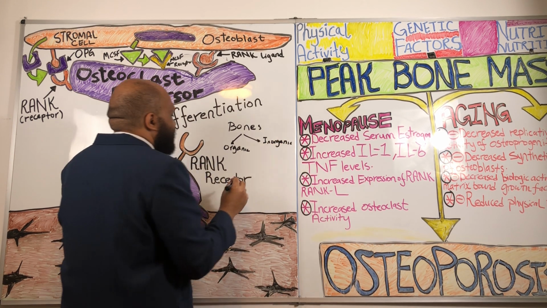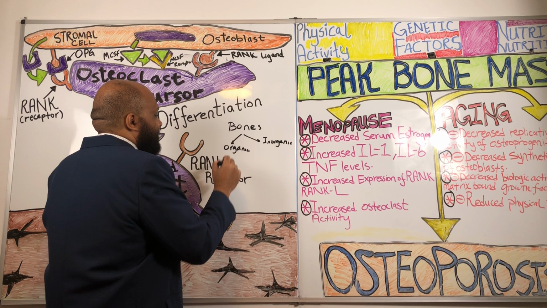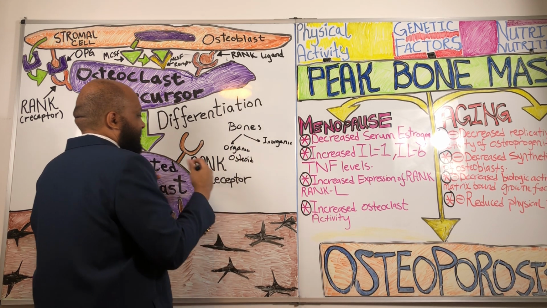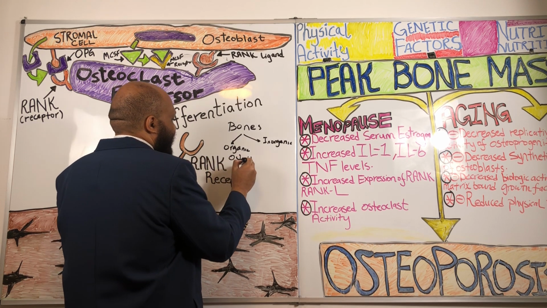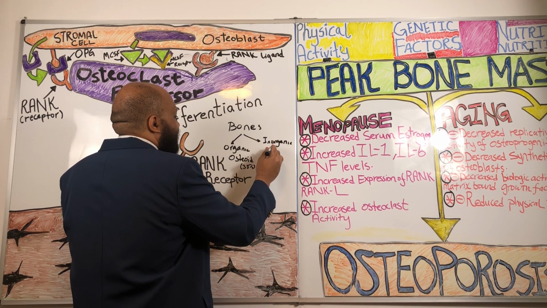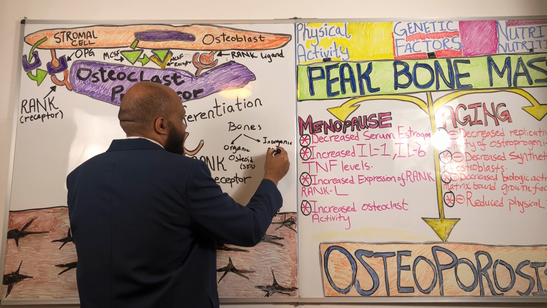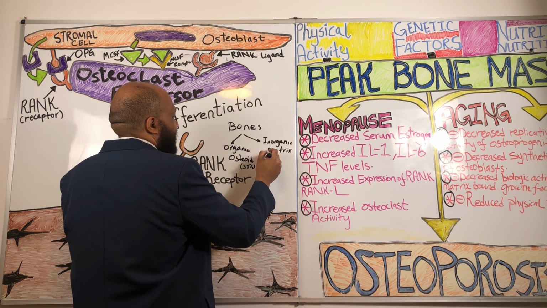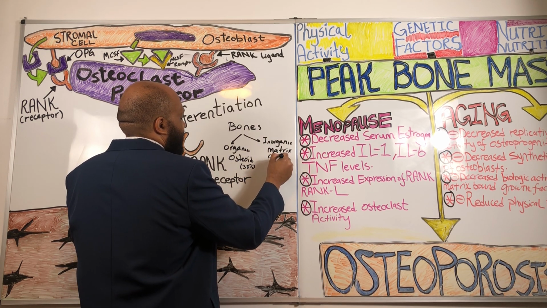The organic material happens to be the osteoid, and that is the structure of the bone, about 35% of our bone. The inorganic material is the bone matrix, and it's mainly minerals, calcium and phosphate.